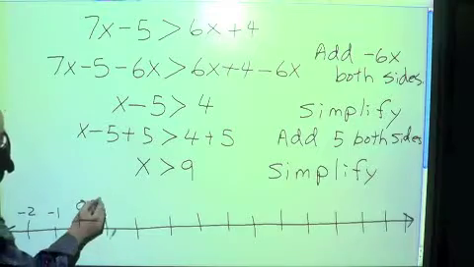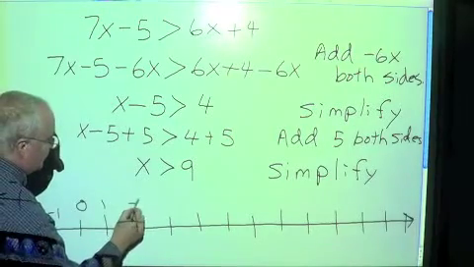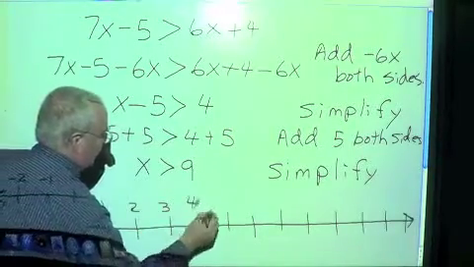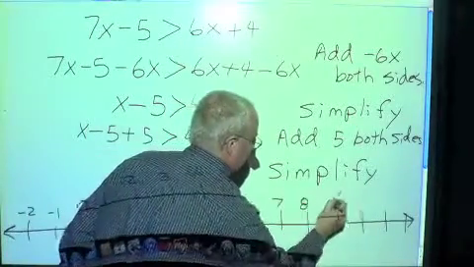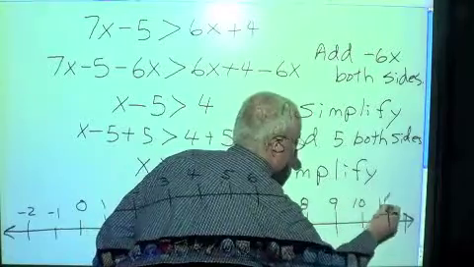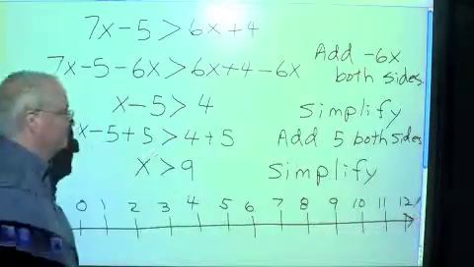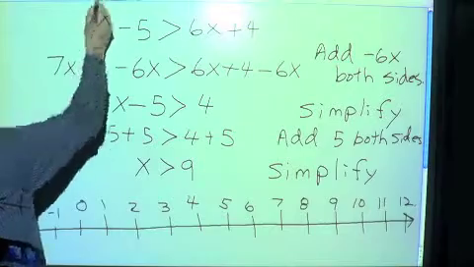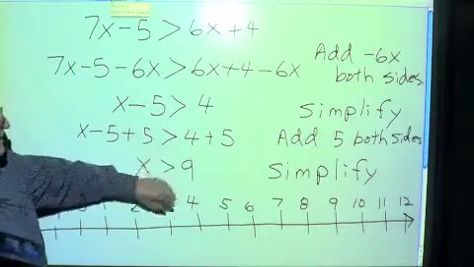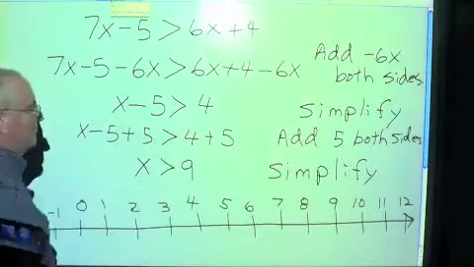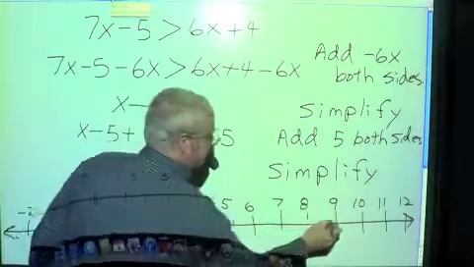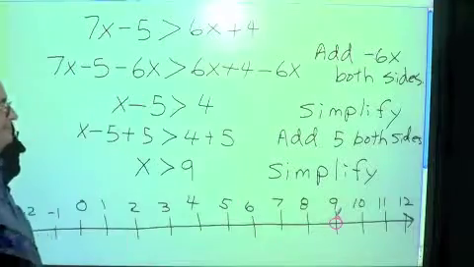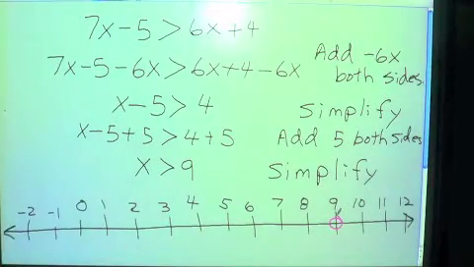Let's make this a 1, 2, 3, 4, 5, 6, 7, 8, 9, 10, 11, 12. So, how do we get started on this? Well, x is going to be greater than 9. We have this number right here, so let's locate this on our number line and put a circle around it. Right there. Now, can x equal 9?